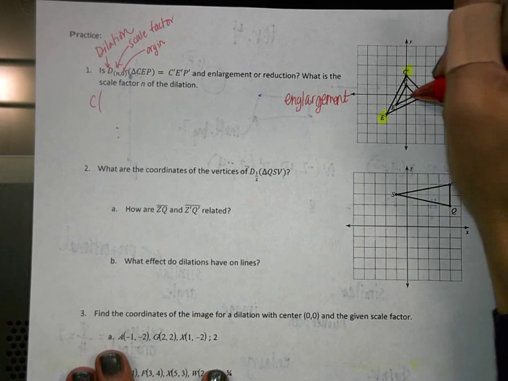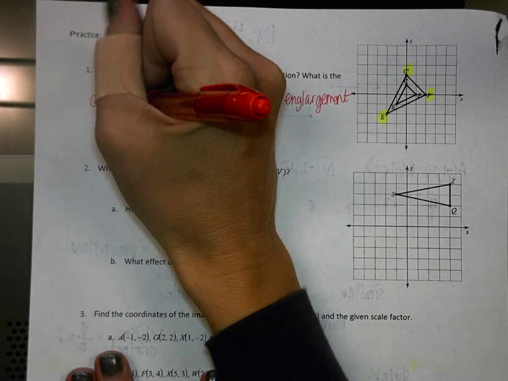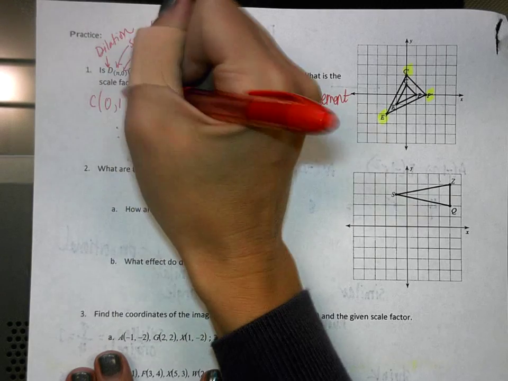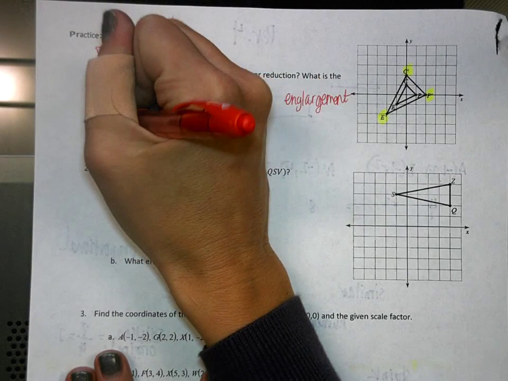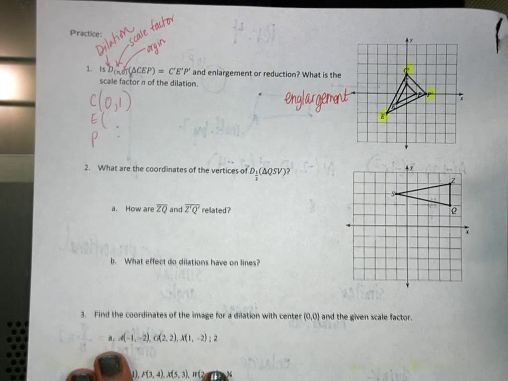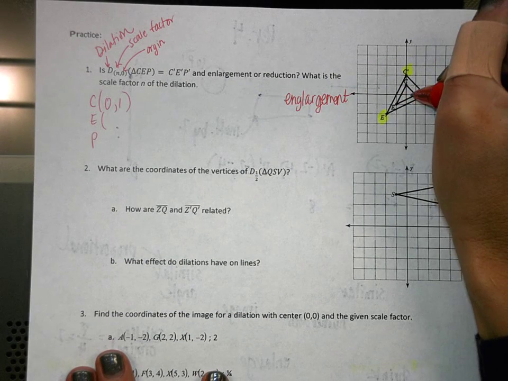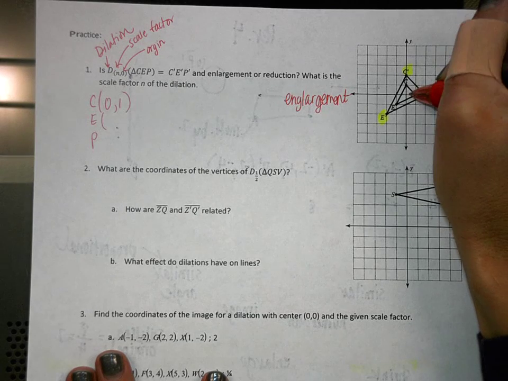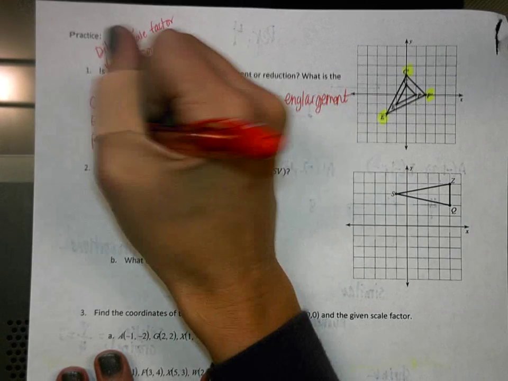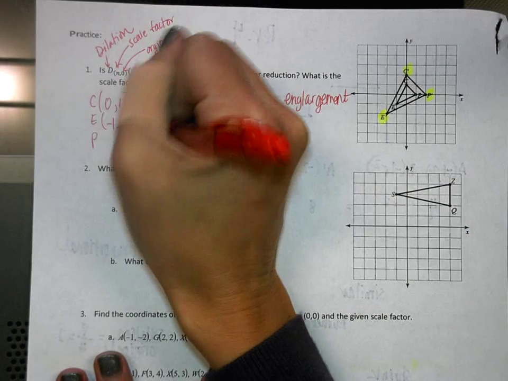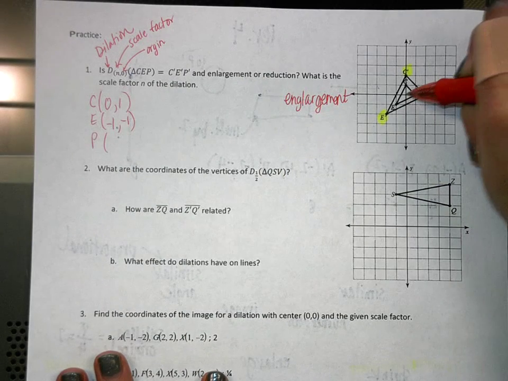That's your original right here. So my point for C is at 0, 1. And then I have E and P, sorry. And my point for E is at -1, -1, right? And then for P, it's at, good.